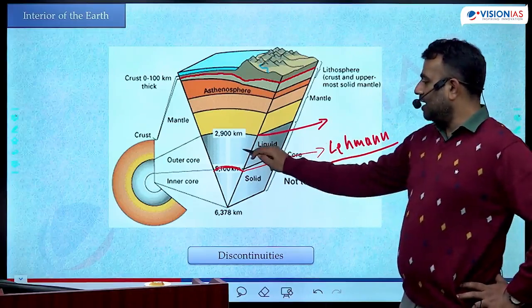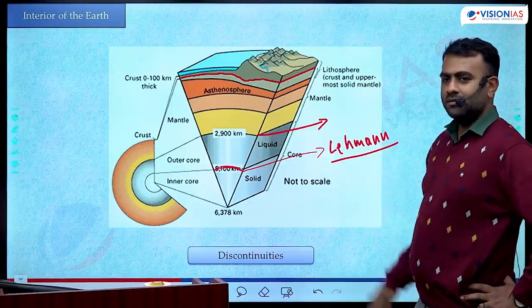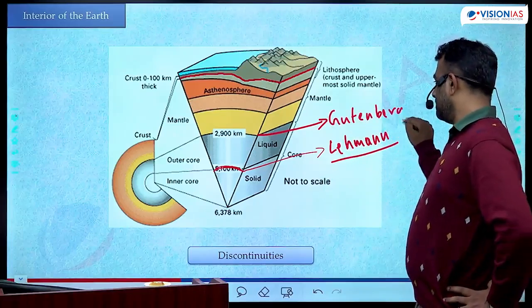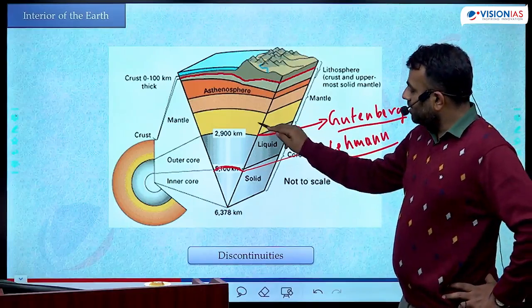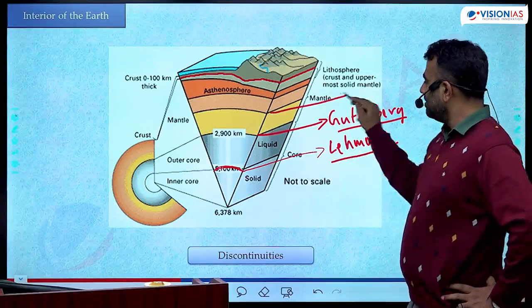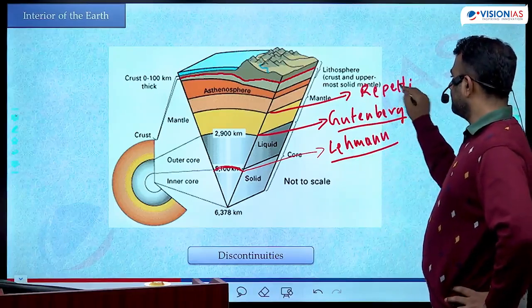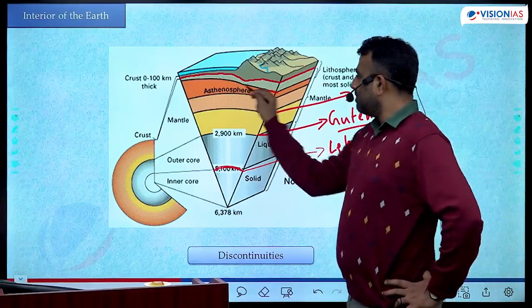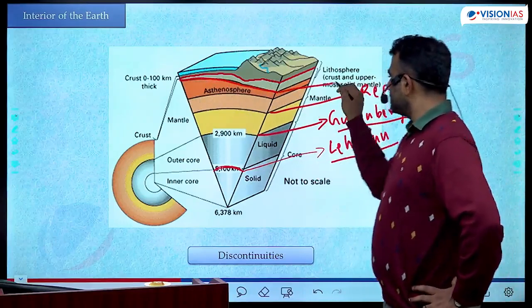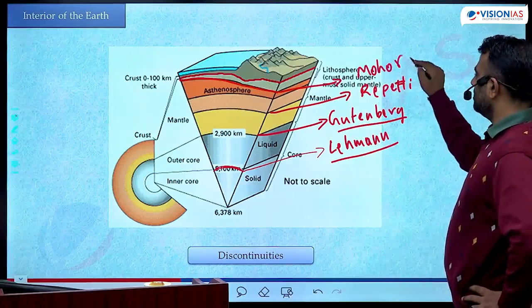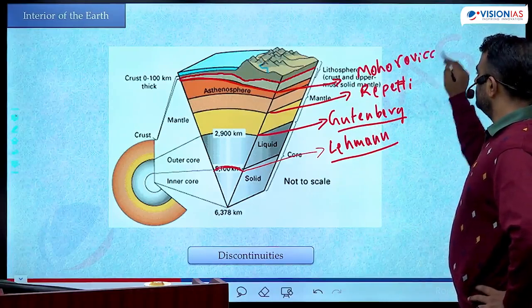Between the outer core and lower mantle, Gutenberg. Between the lower mantle and upper mantle, Repetti. Between the upper mantle and crust, Mohorovičić, short form Moho.